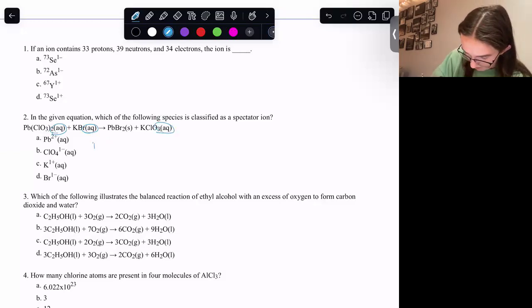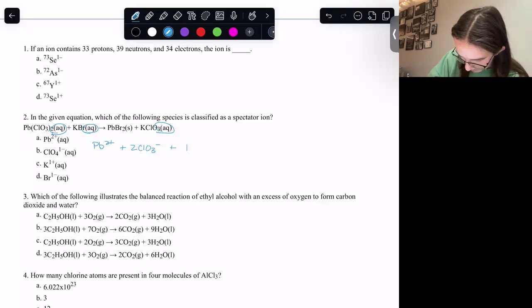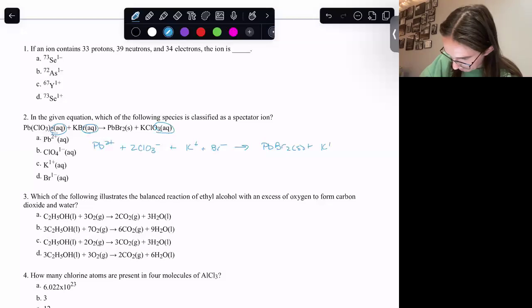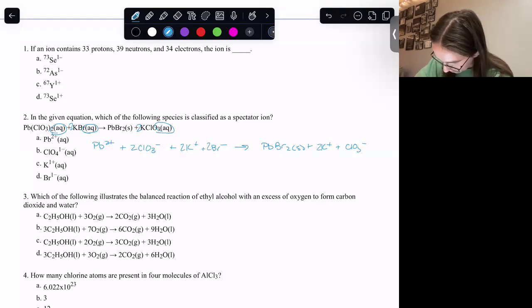So we have Pb2+ and ClO3-, plus K+ and Br-, going to PbBr2 solid and K+ and ClO3-. In our original equation, this needs a 2, which means this needs a 2. So this is a 2, this is a 2, this is a 2, this is a 2.